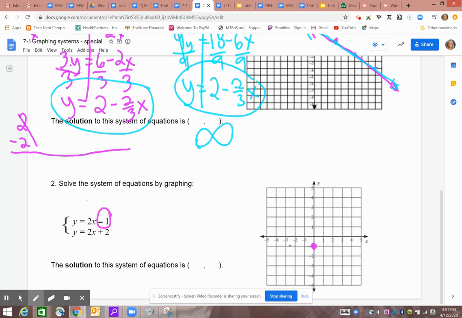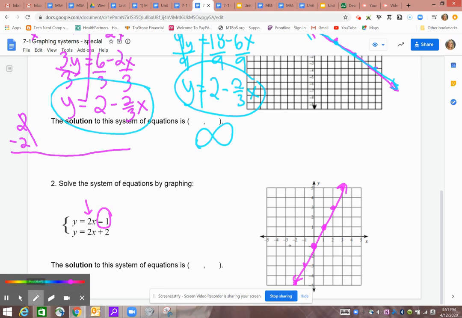And I'm going to apply my slope. I've got a slope of 2, so that's rise 2, run 1, rise 2, run 1, rise 2, run 1. I can fall to the left 1 if I want to see points that are going to the left. So here's a picture of my purple line, the first one.